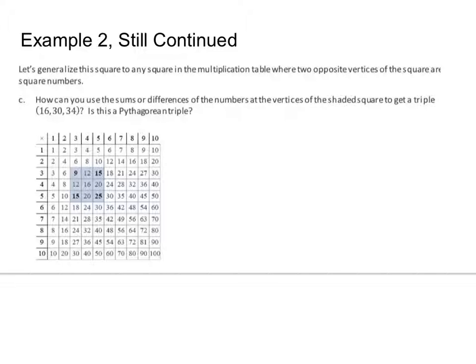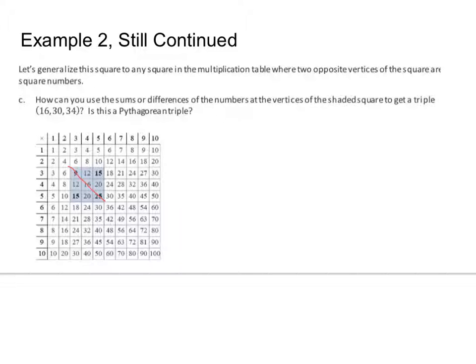Example 2 still continued. So let's generalize this square to any square in the multiplication table where two opposite vertices of the square are square numbers. Okay, so my opposite vertices right here are square numbers. How can you use the sums or differences of the numbers at the vertices of the shaded square to get a triple, 16, 30, and 34? Is this in fact a Pythagorean triple?